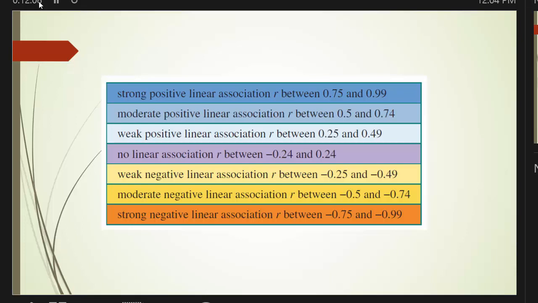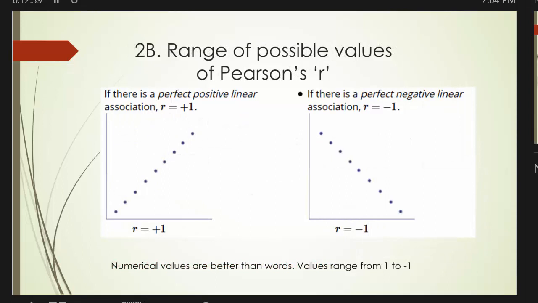Instead of guessing whether data is weak or strong, you get the R value and read off this table. We've got strong, moderate, or weak, and these are all positive. So 1 would be perfect, but you never get perfect. Negative 1 would also be perfect, but you never get perfect. So it's perfect positive, perfect negative, because the data is in a straight line. A gentleman says, how can you not get perfect? We had here, these are perfect, but you're not.